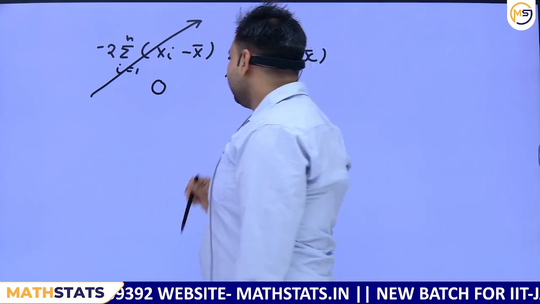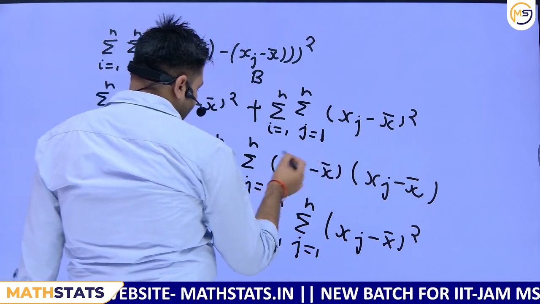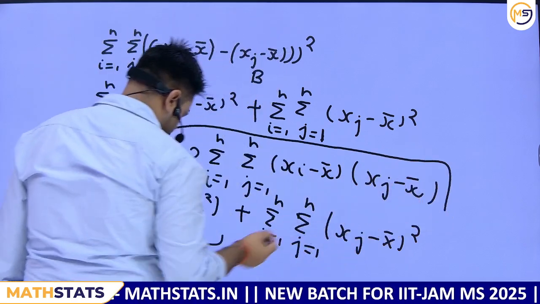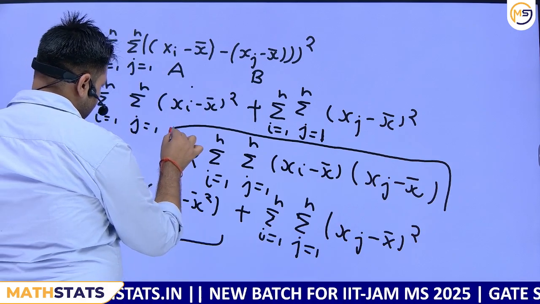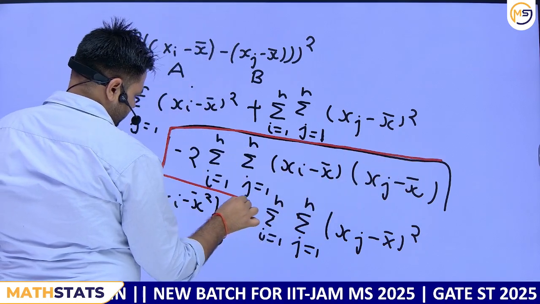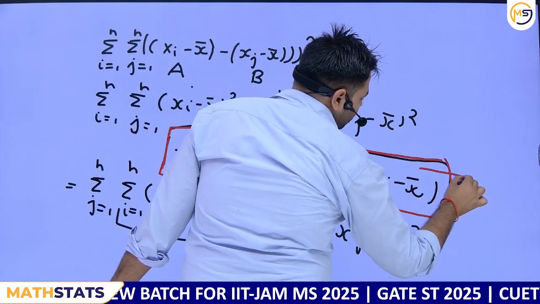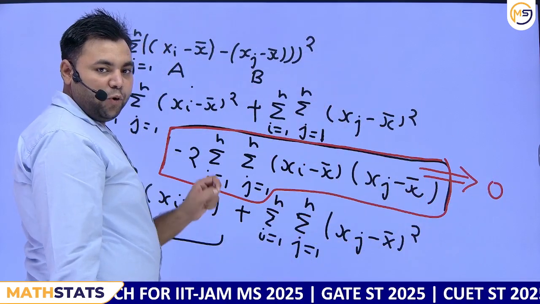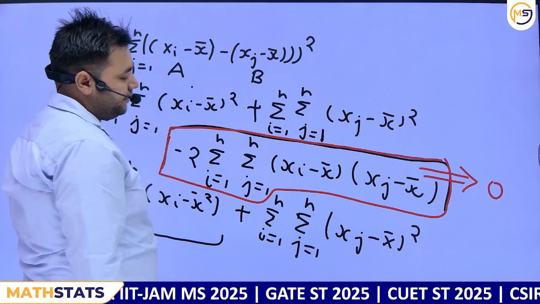So this whole quantity, I am highlighting this, goes to 0. And why does it go to 0? This is important. It goes to 0 because of the algebraic sum of deviations from the mean.